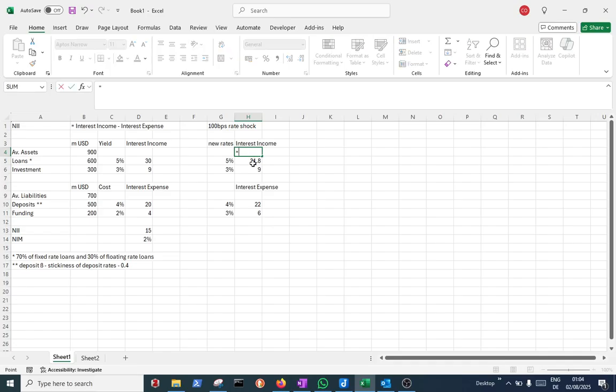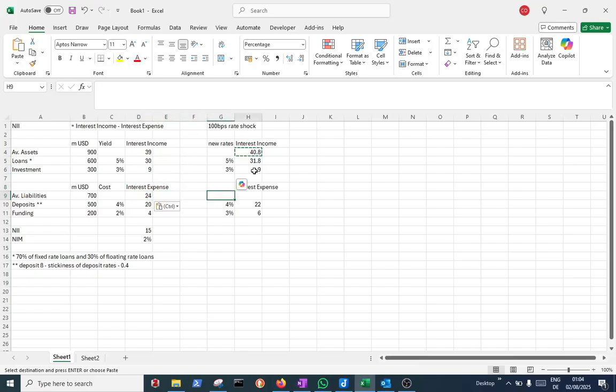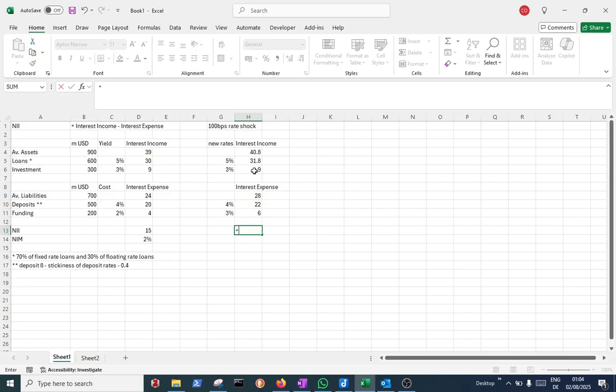We get higher interest income, higher interest expense, but will the net interest income increase by as much?